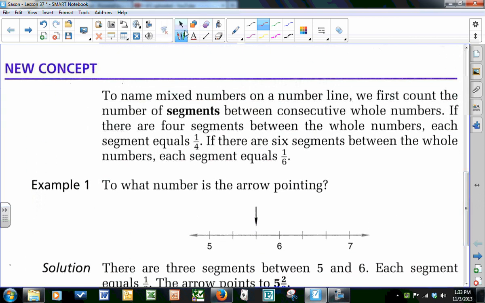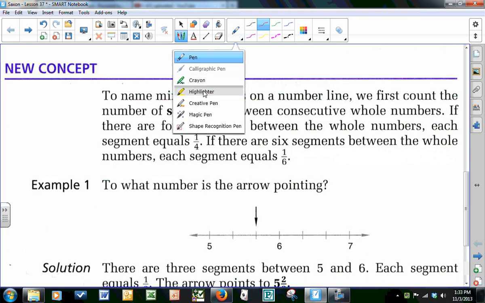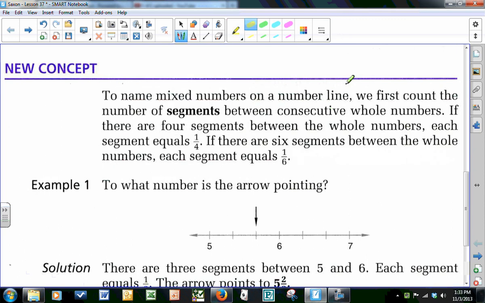In your math book, they have very nicely, I think, given you a very clear set of directions on how to do it. We first count the number of segments between consecutive whole numbers. Consecutive just means one right after the other.